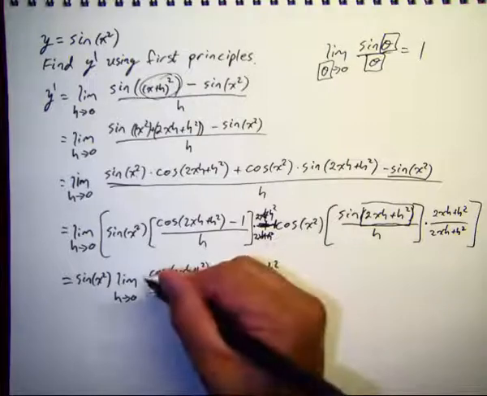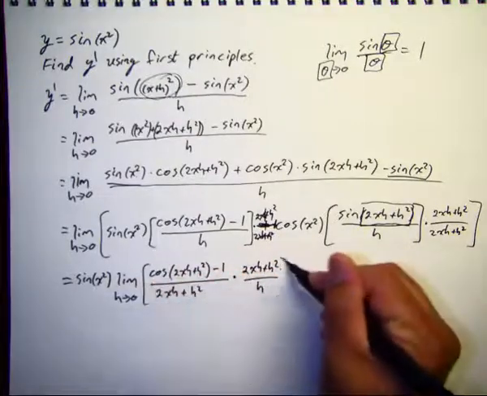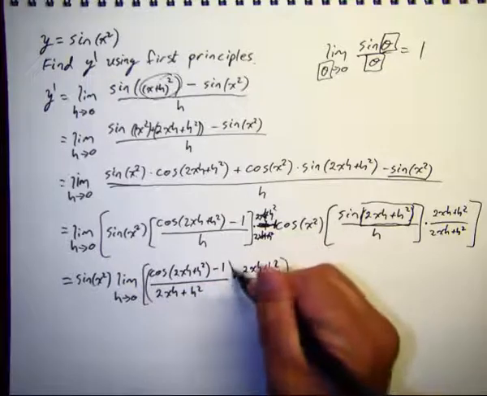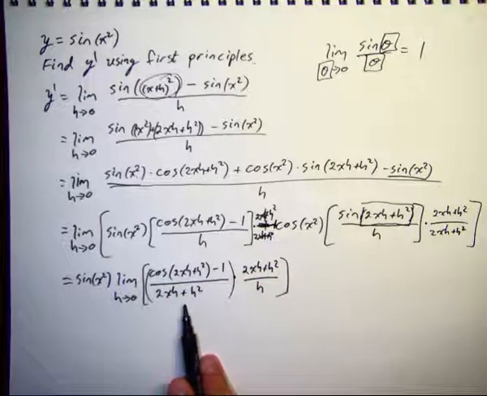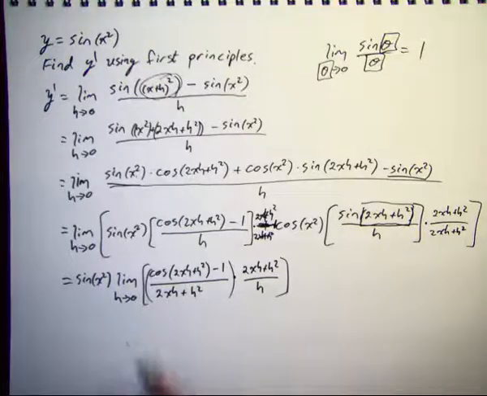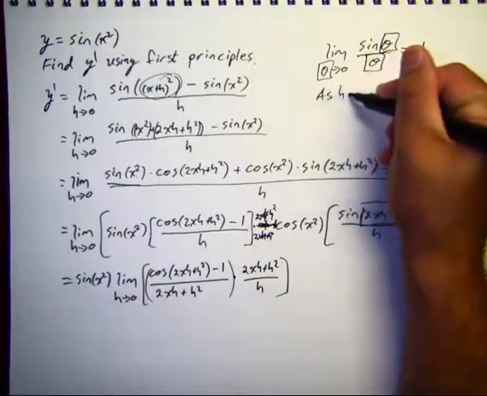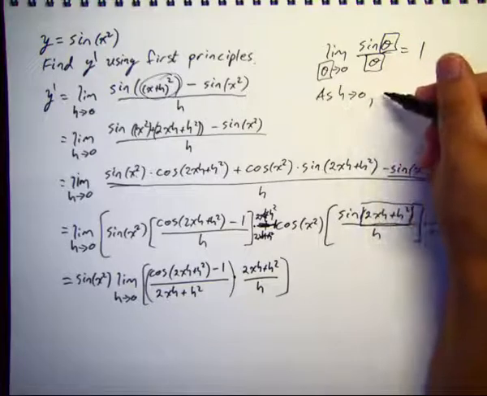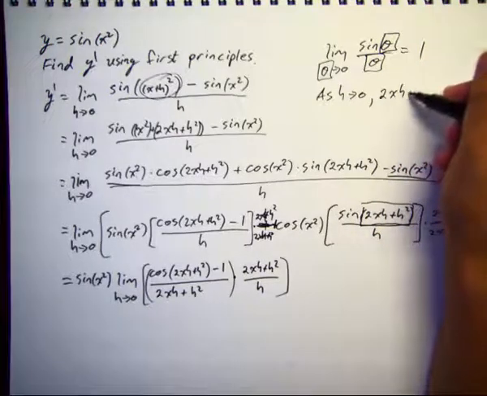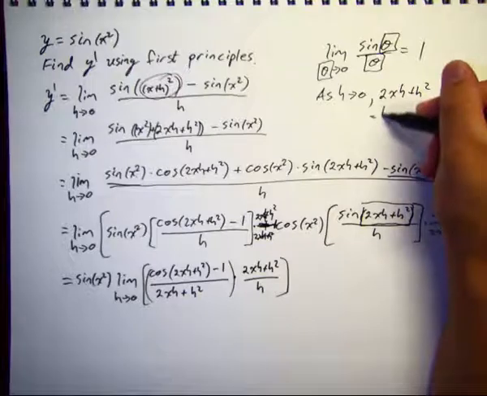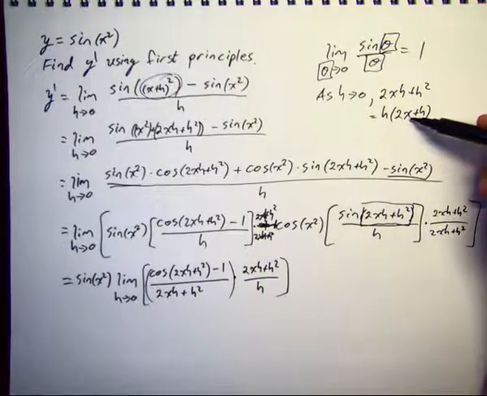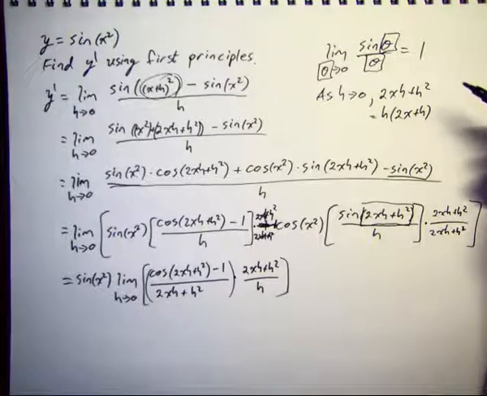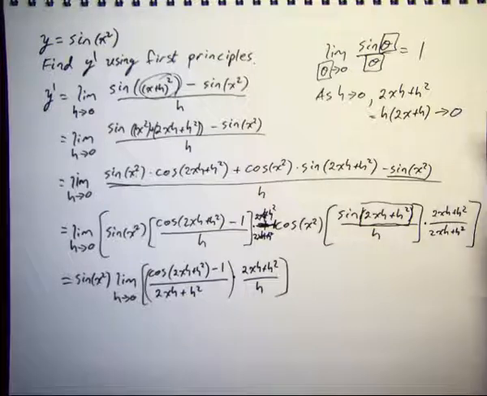Because this right here, the first part of it is cos theta minus 1 over theta. And as h goes to 0, we can definitely say that 2xh plus h squared, which is h times 2x plus h, x is a constant, doesn't matter what the constant is, I'm multiplying it by something that's going to 0, this thing goes to 0.